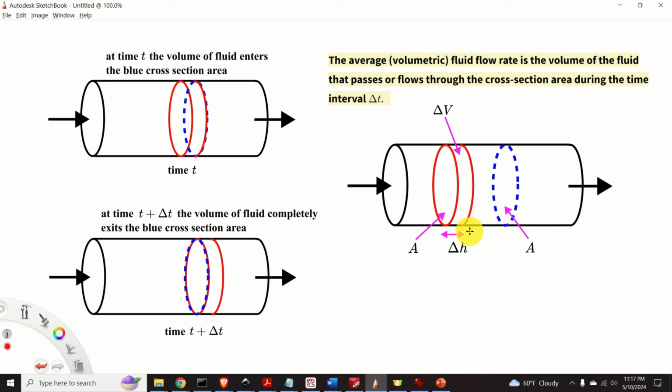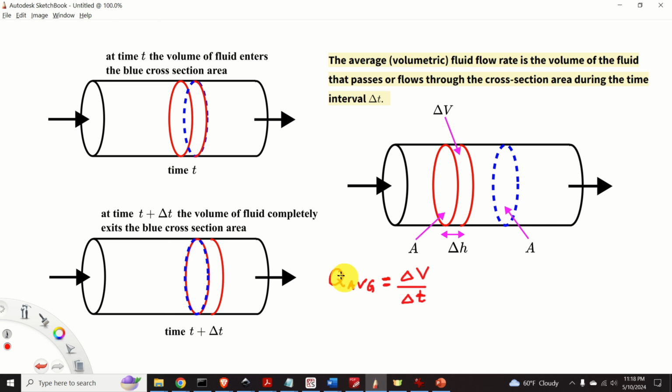Next, let the height of this cylinder be denoted by delta H. Then, we can say that the average volumetric fluid flow rate, denoted by Q AVG, where AVG stands for average, is equal to delta V over delta t.